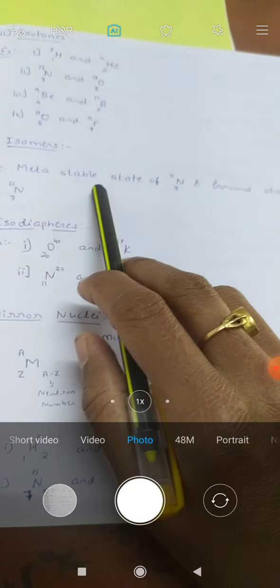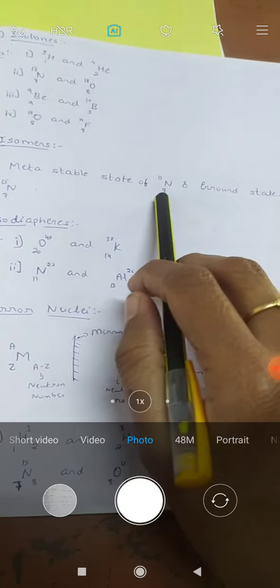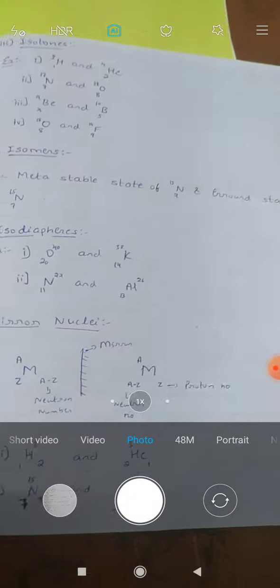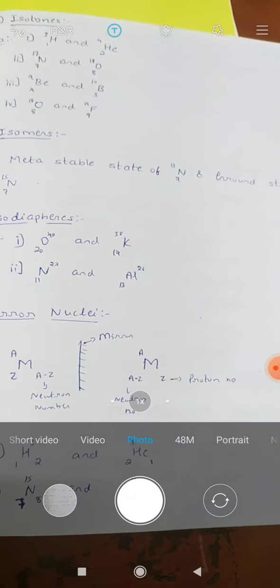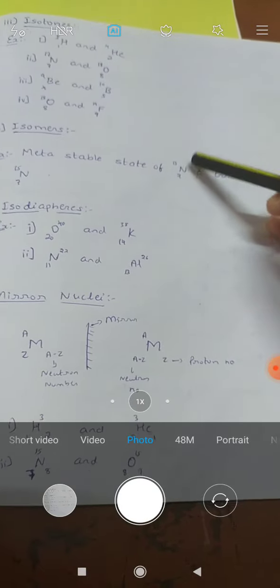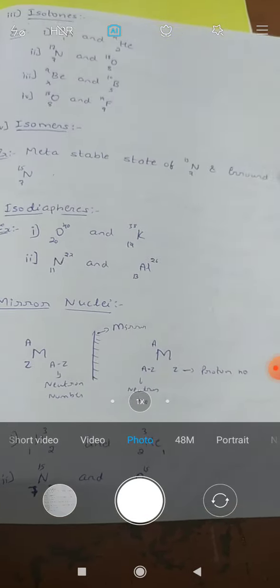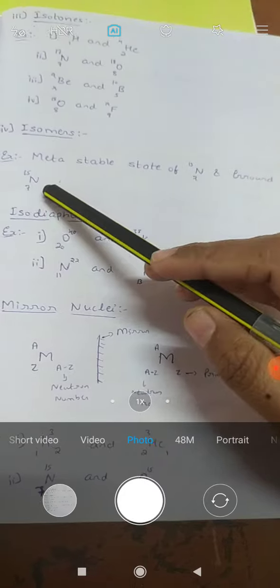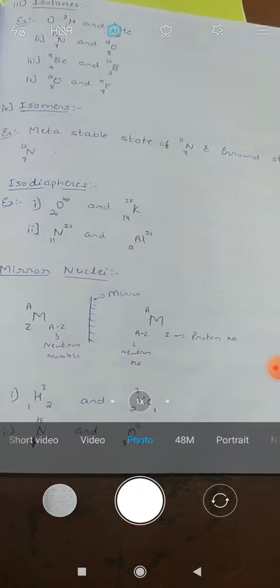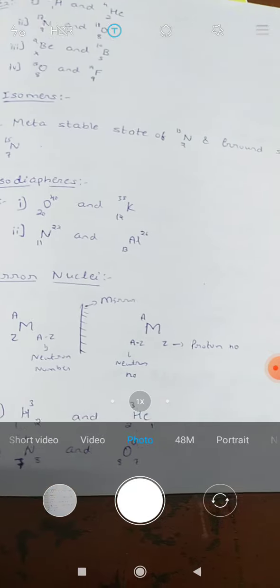In case of the metastable state of nitrogen, its configuration is taken as N-15, where 7 is the atomic number and 15 is the mass number, but in that case the atom is present in a metastable state. But in case of nitrogen-15, it is in the ground state, but in both cases the energy level of the element differs. The next, fifth one, is isodiaphers.